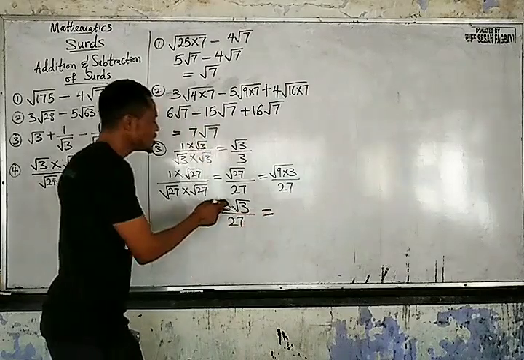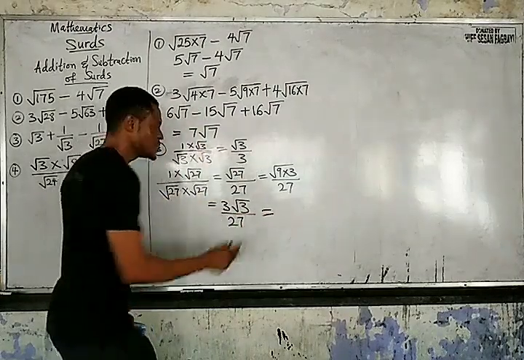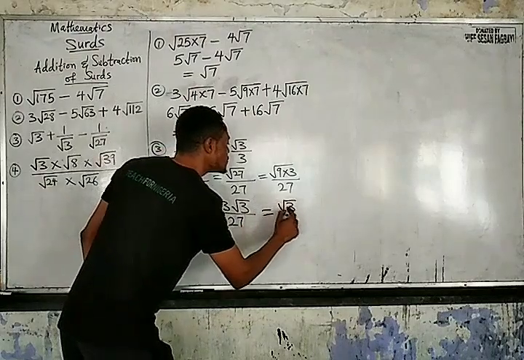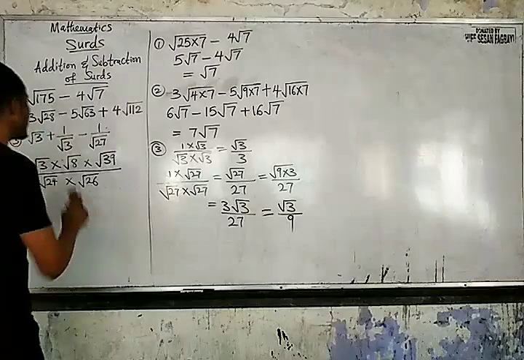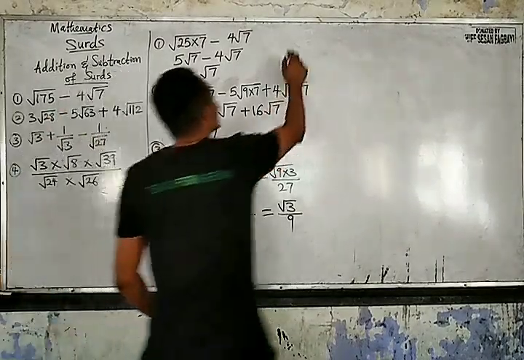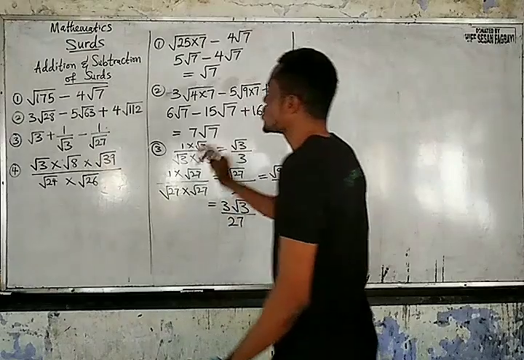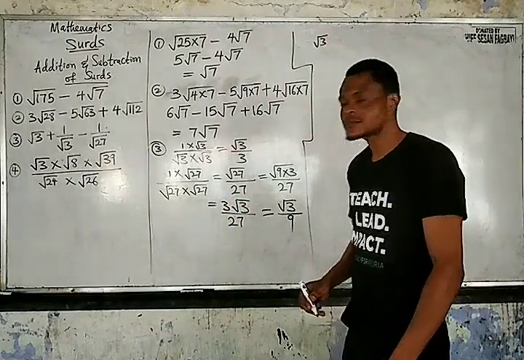There is still one more step to take. And the step is 3 goes here, 1, 3 goes here, 9. So we have only root 3 all over 9. What have we done? We have rationalized this. Now let's write the question all over because it has been rationalized now. We have root 3.